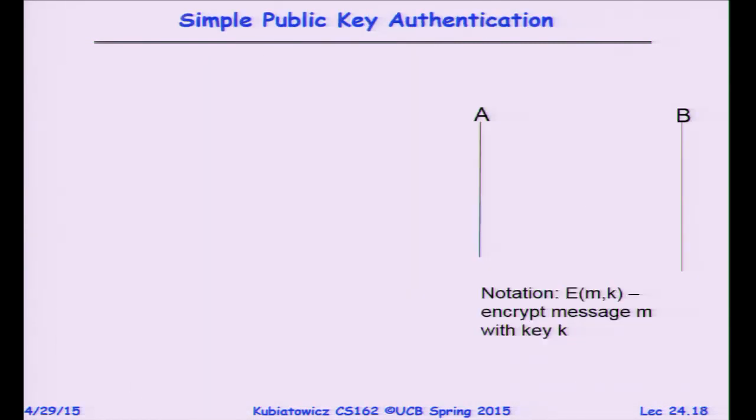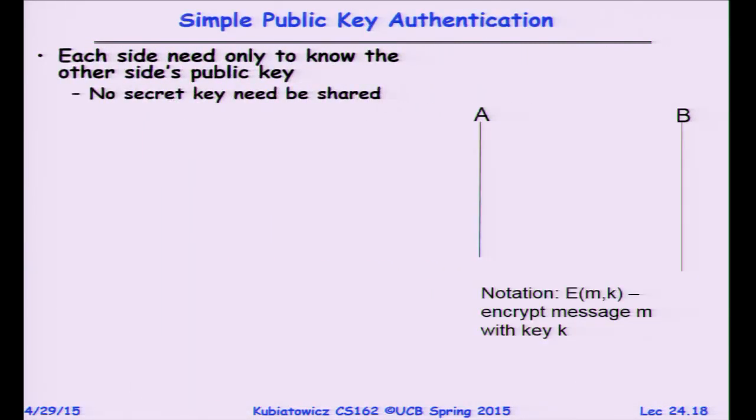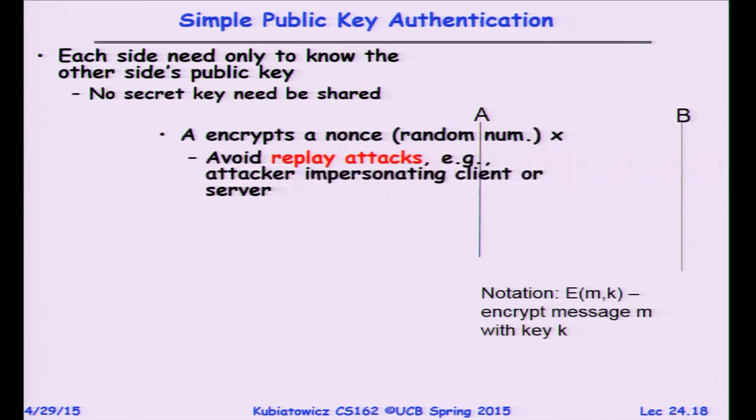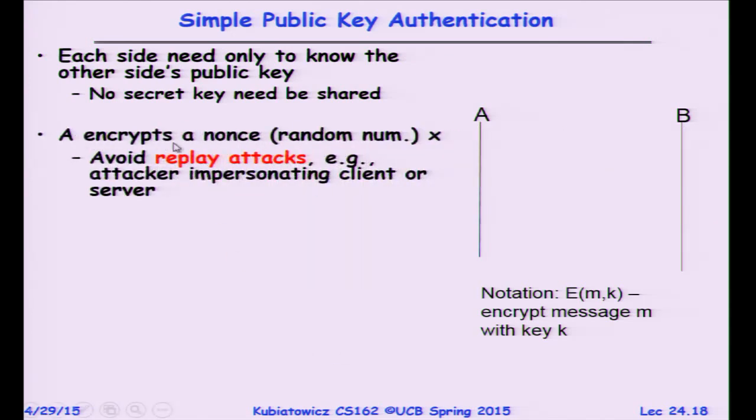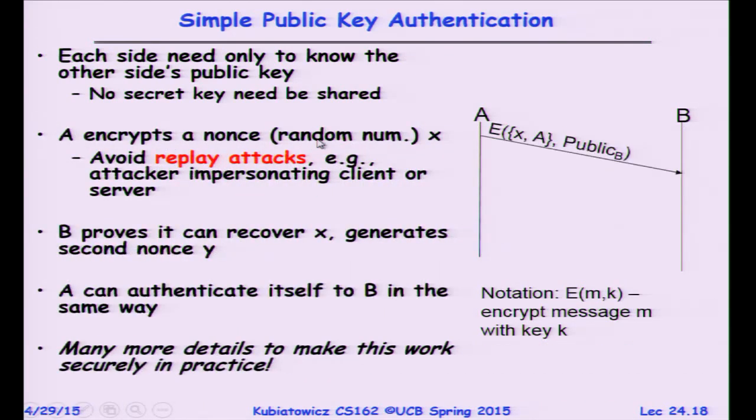Okay. So here's how we could use public key authentication. Each side only needs to know the other side's public key. There are no secret keys that have to be shared. And so A might encrypt a nonce, a random number that it generates just for this session called X, and maybe says what its identity is, and it encrypts it with B's public key.